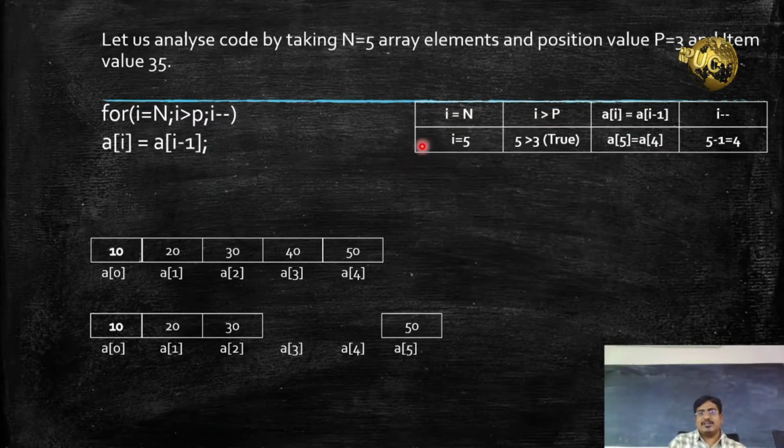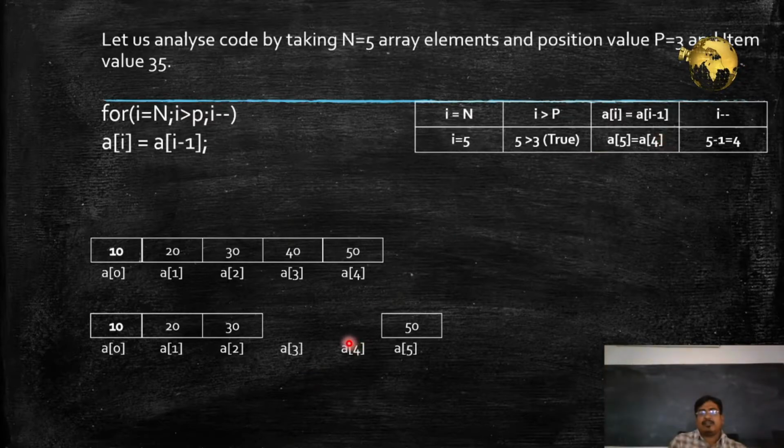Here a[i] = a[5-1], which is nothing but a[4]. Whatever value I had in a[4] is automatically shifted to a[5]. So this is what the statement does.